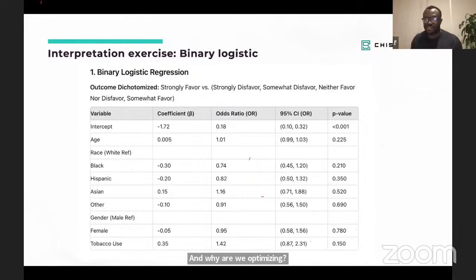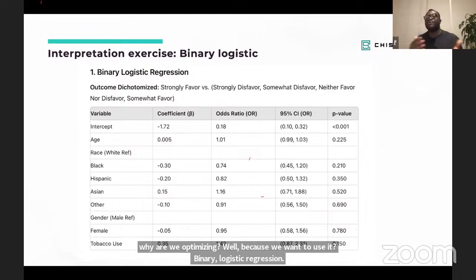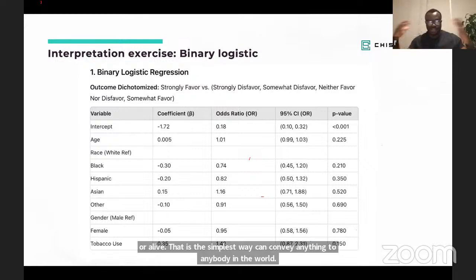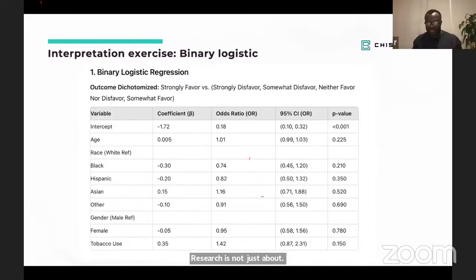And why do we want to use a binary logistic regression? Because it's easier. People just understand things easiest in binary. Yes versus no. Married versus unmarried. Dead or alive. That is the simplest way you can convey anything to anybody in the world. Research is not just about the numbers and showing up.